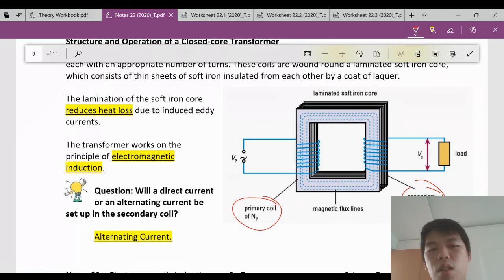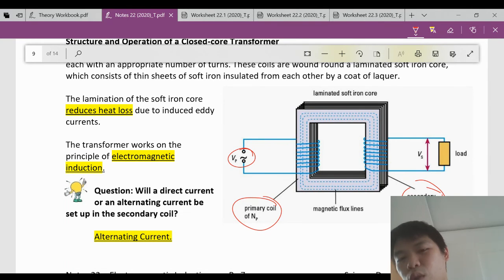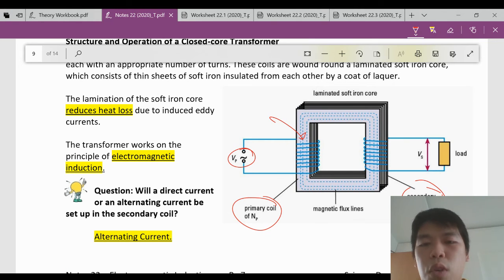Okay, so the transformer works on the principle of electromagnetic induction, as I mentioned at the start, and this is how they look. So will a direct current or alternating current be set up in the secondary coil? We can see here that there's an alternating voltage at the primary coil. When there's an alternating voltage, there will be an alternating magnetic field.